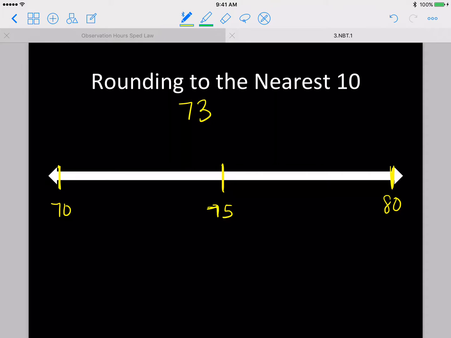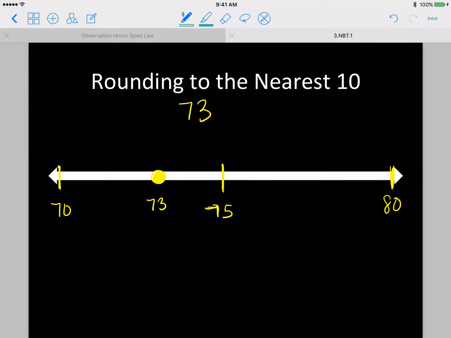Because we know if we're counting to 10, 5 is going to be the halfway point. So the distance from 70 to 75 is 5 units. So now we need to see where 73 falls on that number line. 73 falls between 70 and 75. It goes about right here. That's 73.